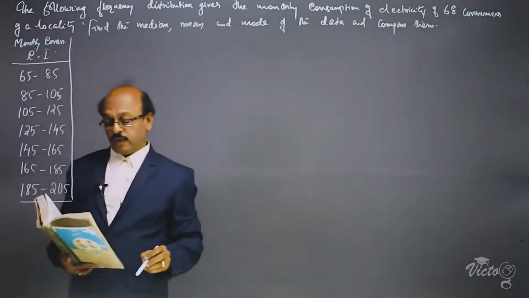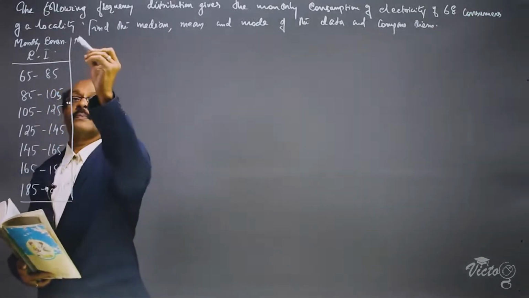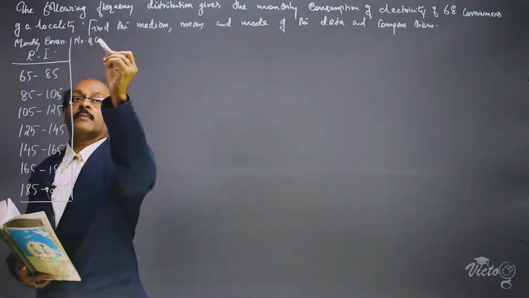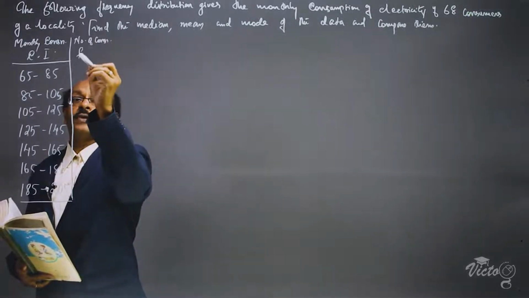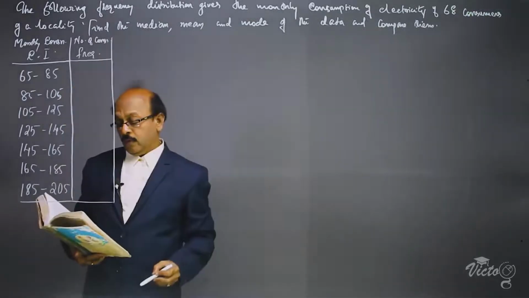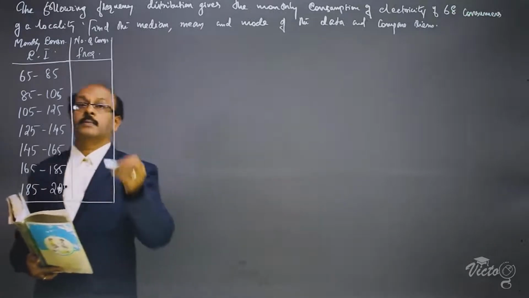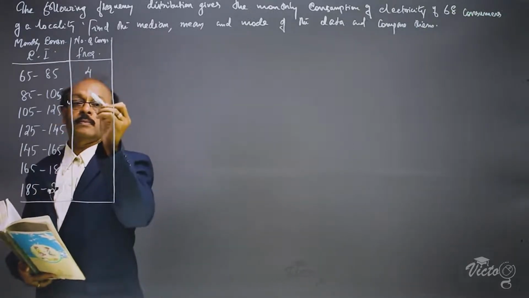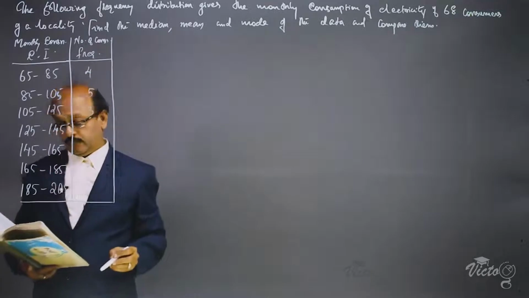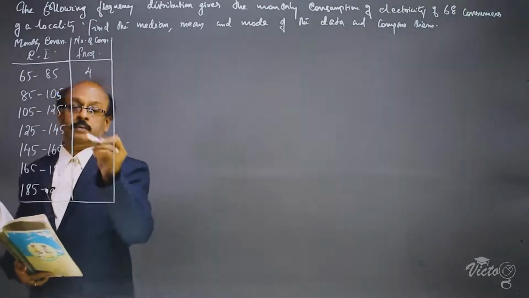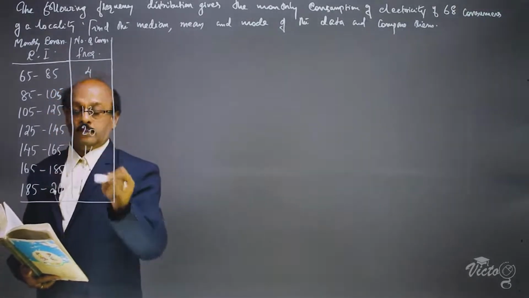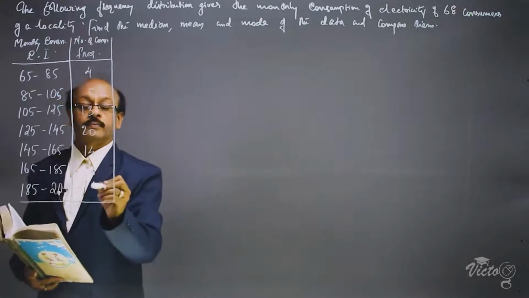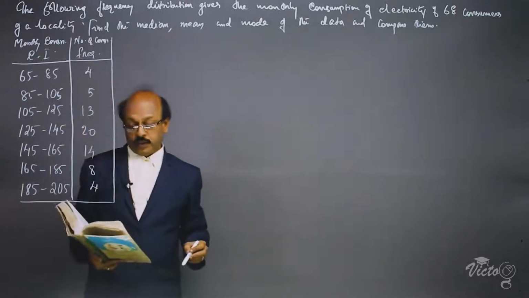Next is the number of consumers, that is the frequency: 4, 5, 13, 20, 14, 8, 4. These are the given frequencies.